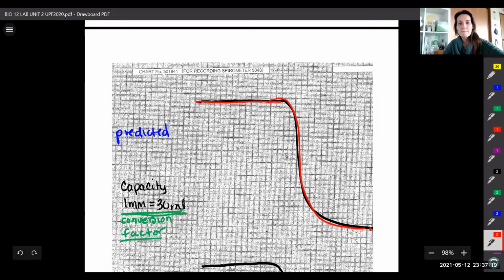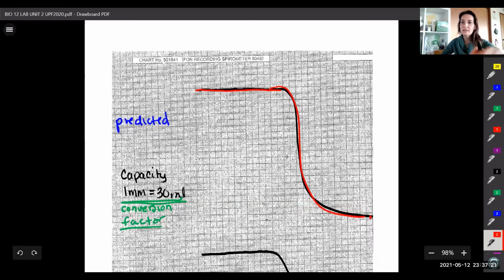So on this top reading here, to get the FVC, the full amount that was forcibly expired, we look to the bottom and to the very top here. And I'm going to draw the line over here on this side that equates to where we end up along the bottom. And I'm just going to use this last line. Go out like this. Pretend this is straight, right?